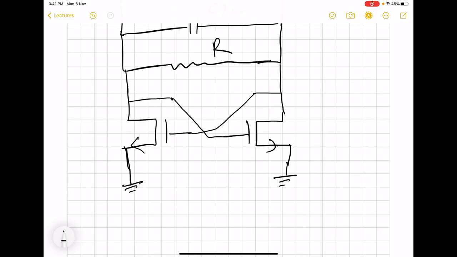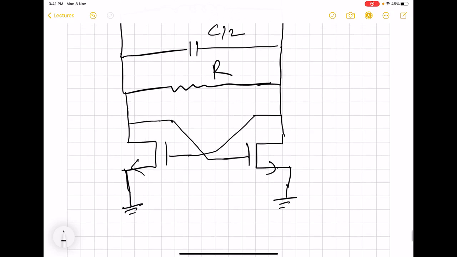So for each of these MOS, we are now going to include the capacitor. So first, let us include the gate to source capacitor of MOS 1. So we see that this is connected between source and gate. So source is here, gate is here. So this gate to source, basically we have CGS1, and similarly we have CGS2.